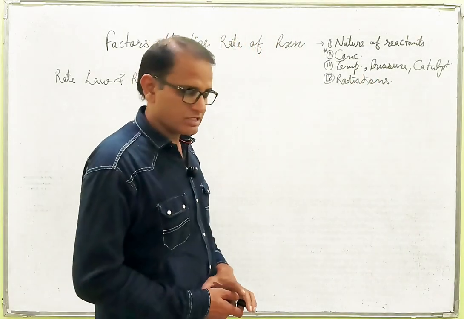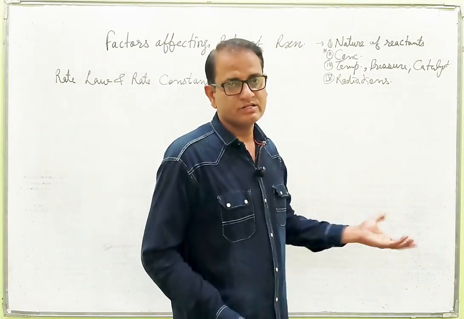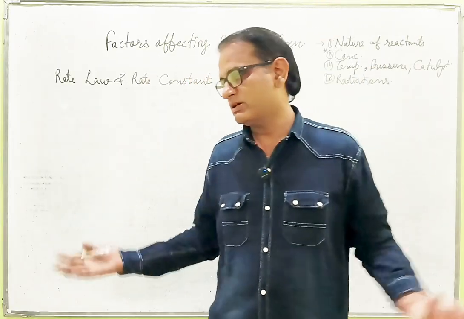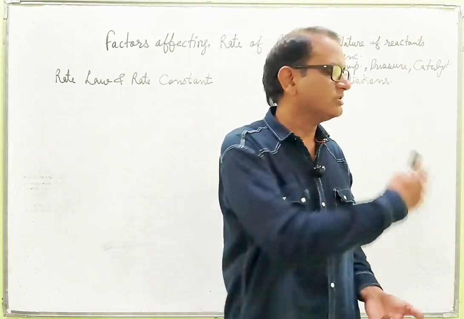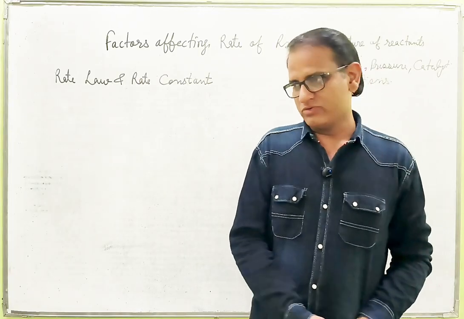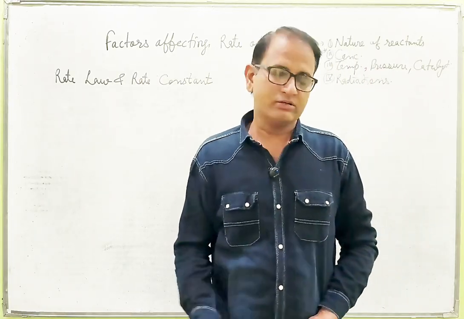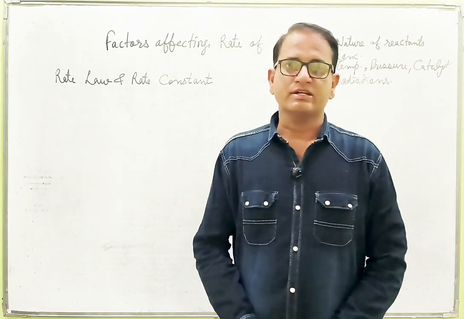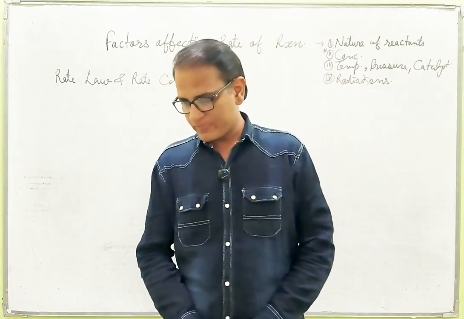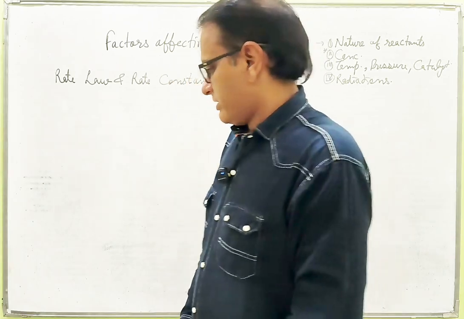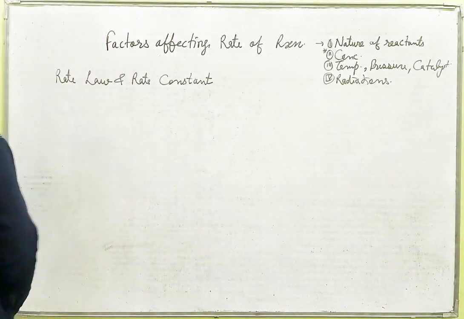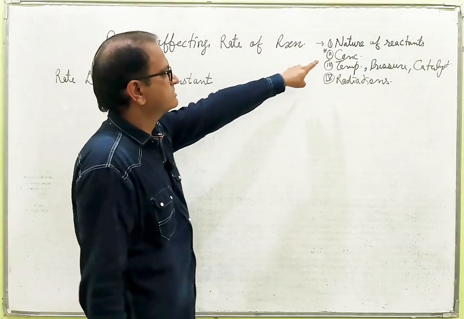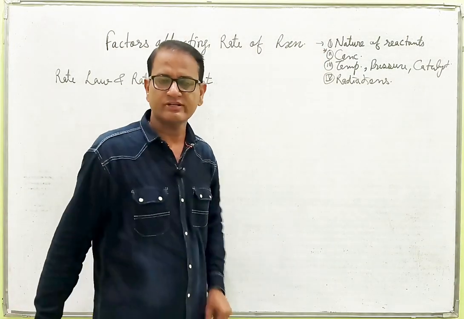Radiation, of course: some reactions take place in the presence of sunlight or some specific radiation, because they may also affect the activation energy. How catalyst and radiation can affect the rate of reactions, we will discuss a little later. Okay. So, the most important is rate law and rate constant, which is related with concentration of reacting species.